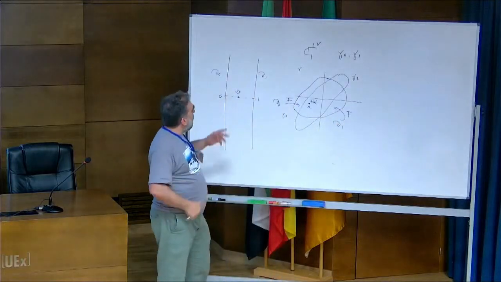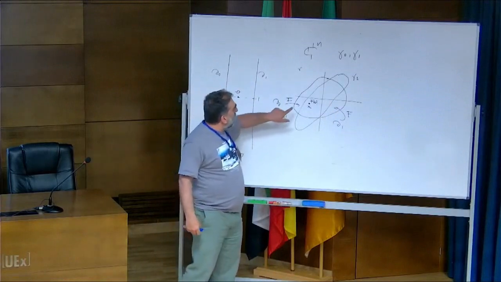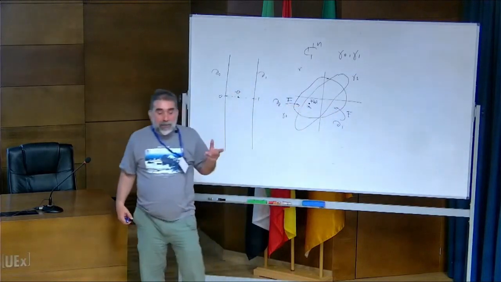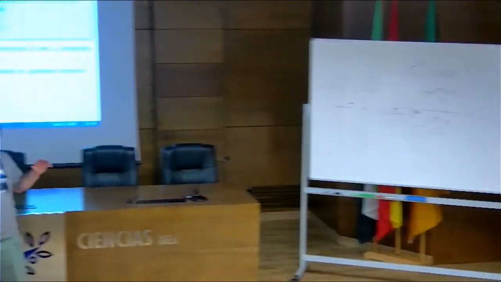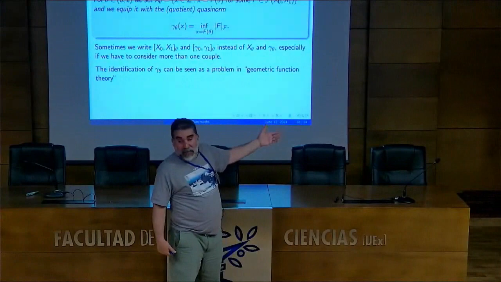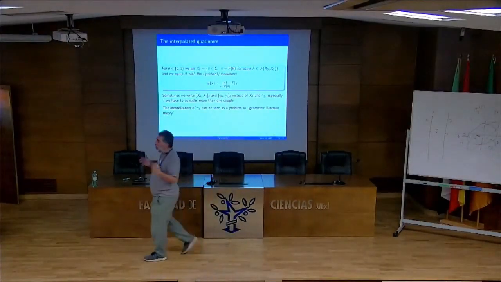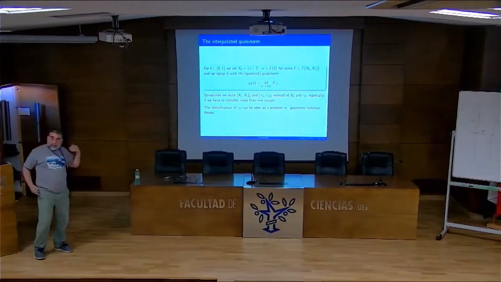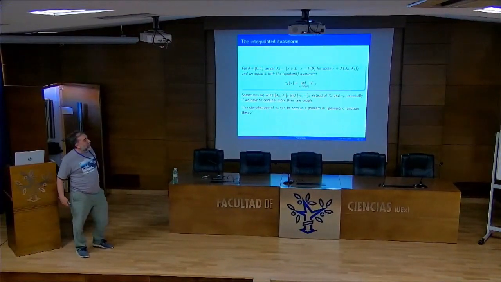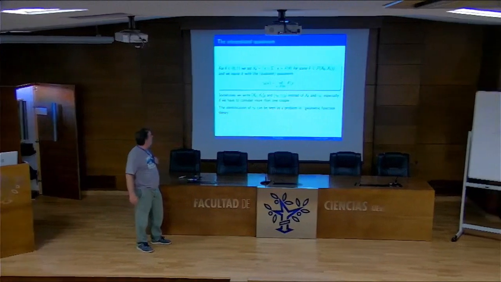And the information you get is that this point is in the ball of radius r of the interpolated quasi-norm. So you are asking, where are my points going to go by using analytic functions? And this has sense even in dimension 1.